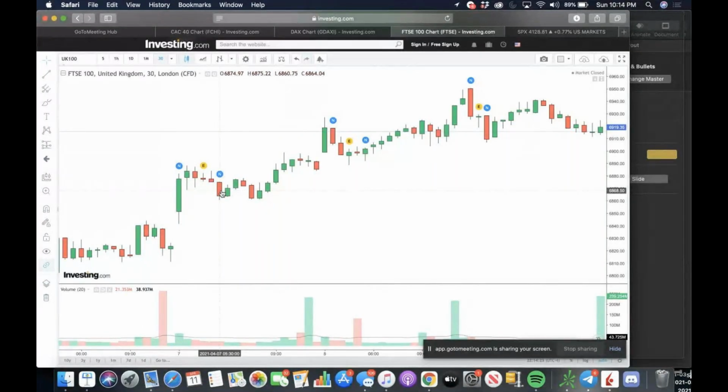there are only two possible outcomes. Break resistance, bullish day in the US. Make sense? Let me know if there are any questions.